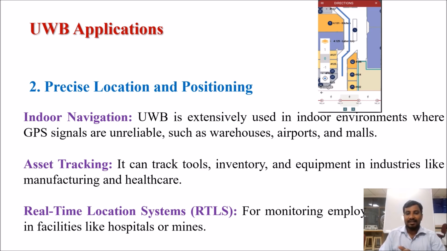The next is real-time location systems for monitoring employees and patients in facilities like hospitals. Especially in some nuclear plants, where employees work inside and need health monitoring, we may go for using these ultra wideband frequency ranges.